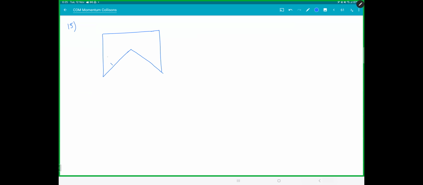So you made a shape like this. So we have a plate like this. It's a square plate with a triangle removed.